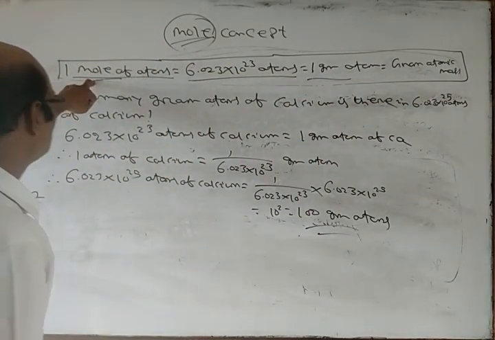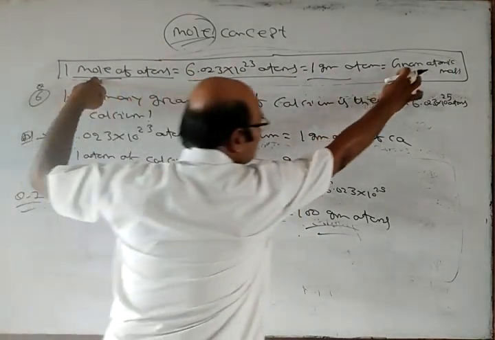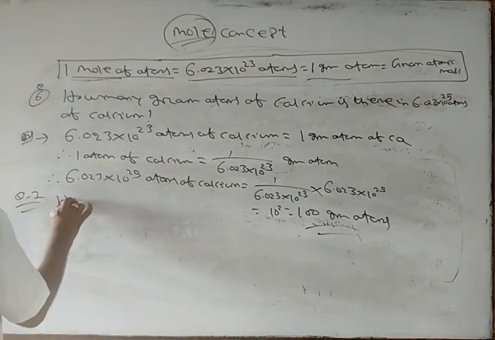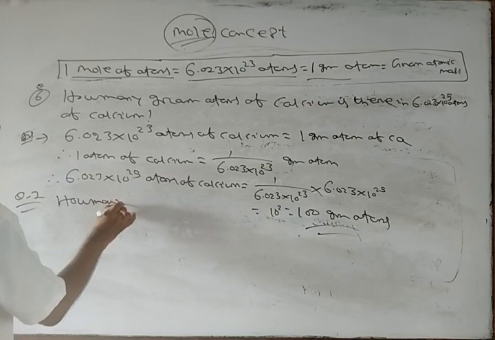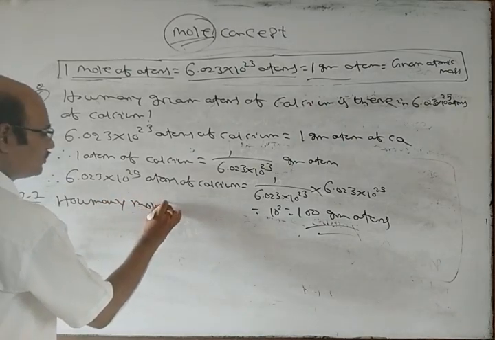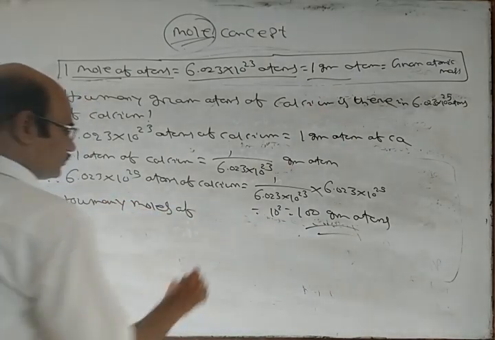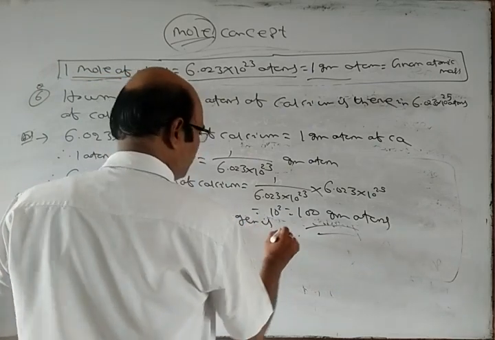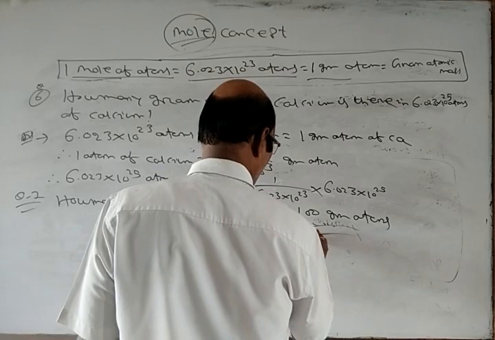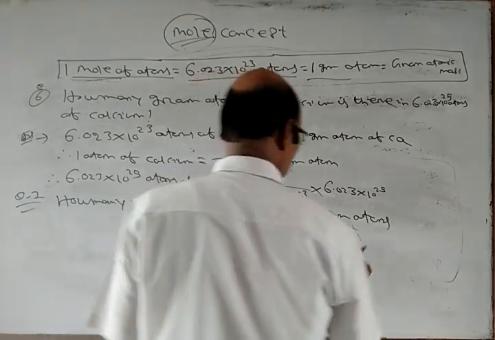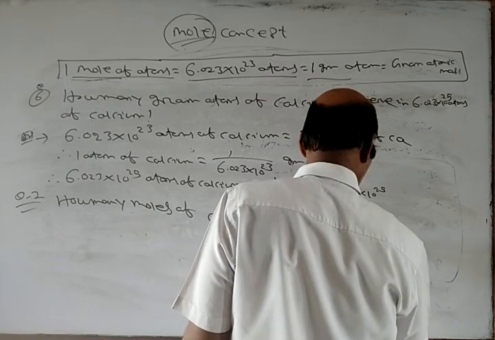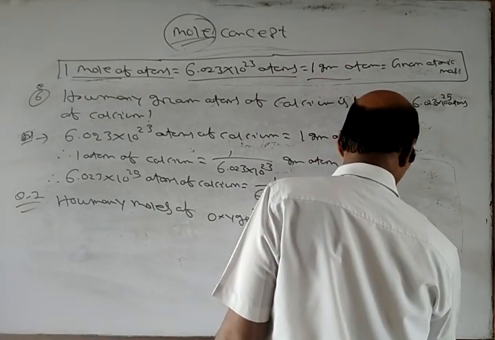Now see, if I write: how many moles of oxygen are there in 8 gram of oxygen atom?